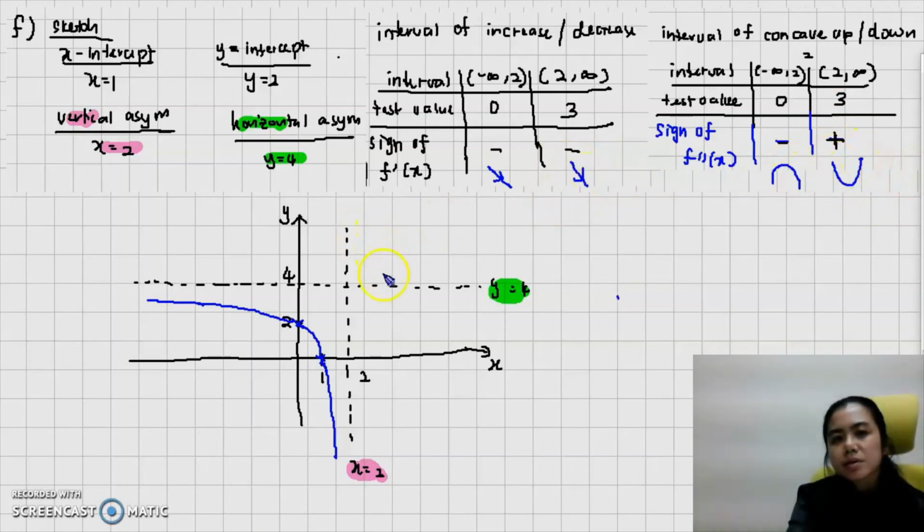How does this work? Since concave up is something like that, it's impossible for you to draw here, but it's here, because you cannot cut this line, and you also cannot cut this line. So if you draw that region, it should be somewhere here, down here. So it will be here.